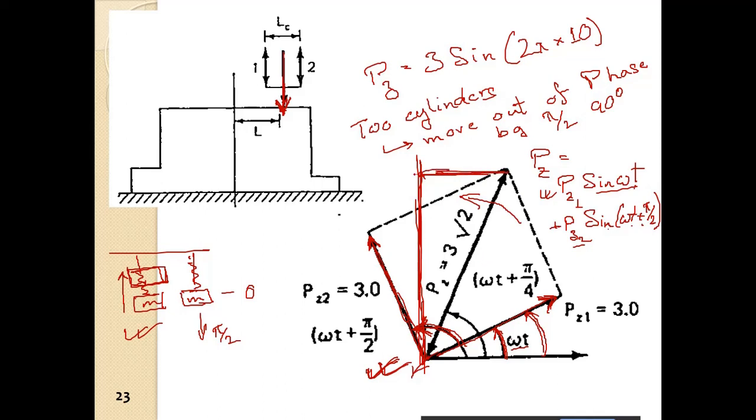So that will be the resultant component force. Now what will be the phase here? It will be omega t plus pi by 4. So this is pi by 4. Very easy.